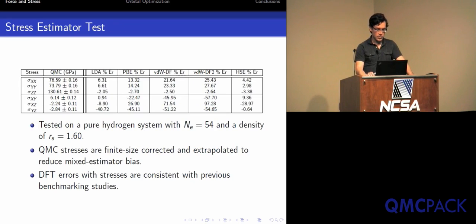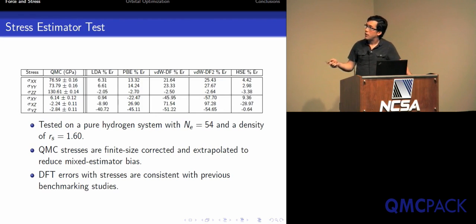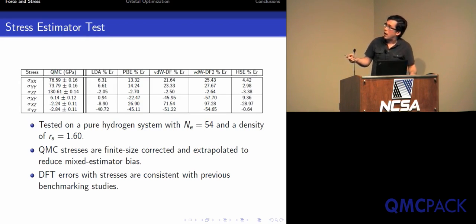This is just a quick test. These are finite size corrected estimates, and they were extrapolated to remove the mixed estimator bias. All of these values were checked against finite differencing and found to be spot on within the error bars.